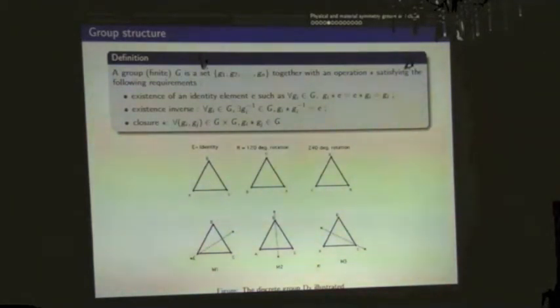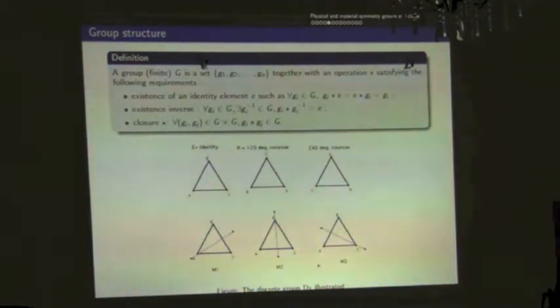That is the first point. The second point is that you have an element which is neutral. If you compose this element with any other element in your set, you will obtain at the end the element you entered in your product. So it's the identity element, and this element is unique.